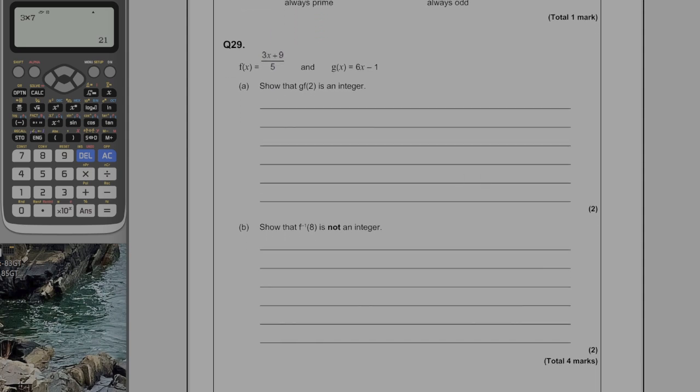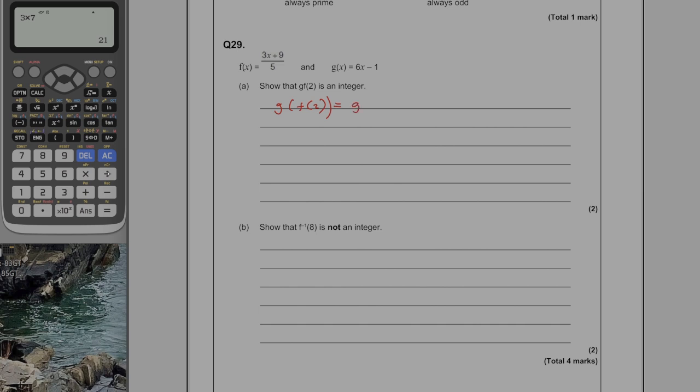Right, question 29. The function f of x is 3x plus 9 over 5, and g of x is 6x minus 1. Show that g of f of 2 is an integer. Okay, right, so we're going to start with g of f of 2.